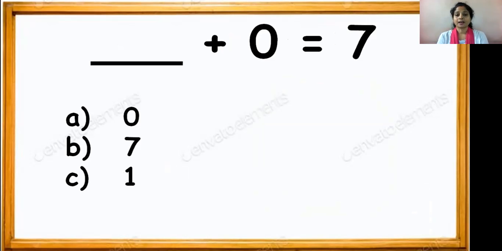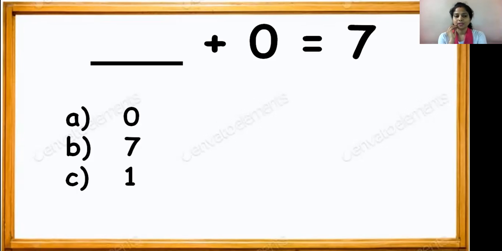Dash plus 0. Plus 0 means we are adding 0 to some number. Now as an answer we have 7. So when we are adding 0, it means we are getting the same number. It means what will come at the first blank? A option 0. Let's do the calculation. 0 plus 0 is 7?